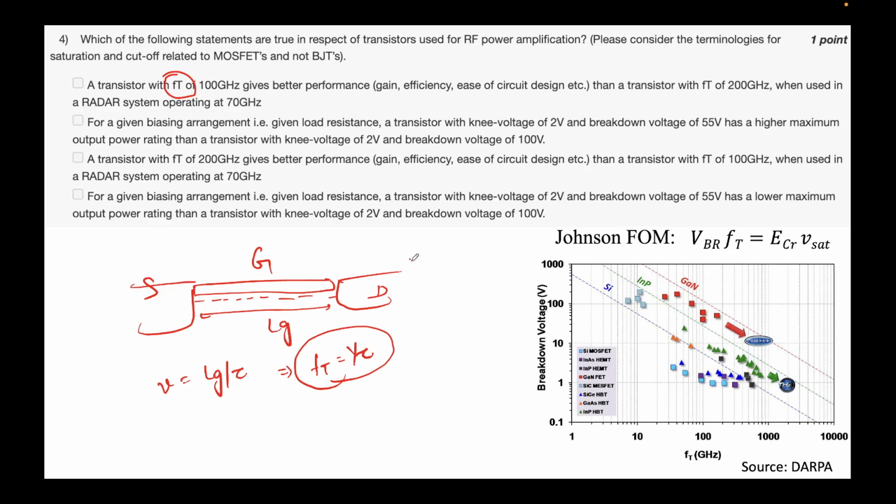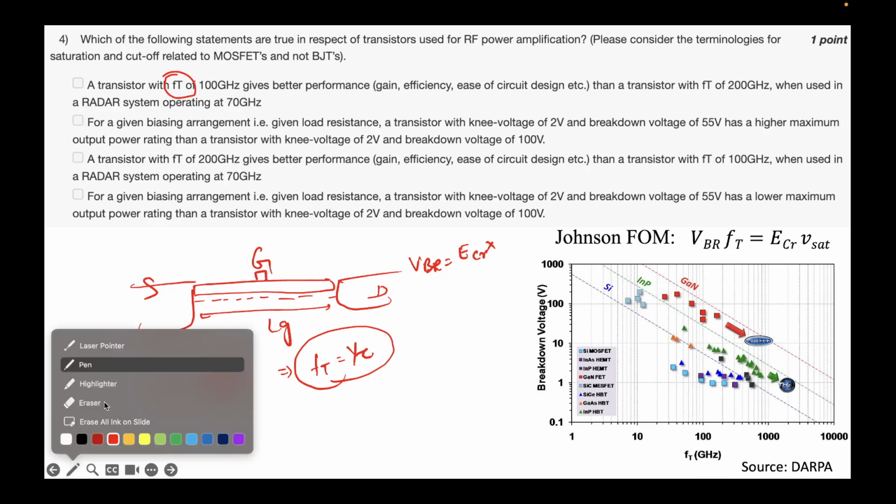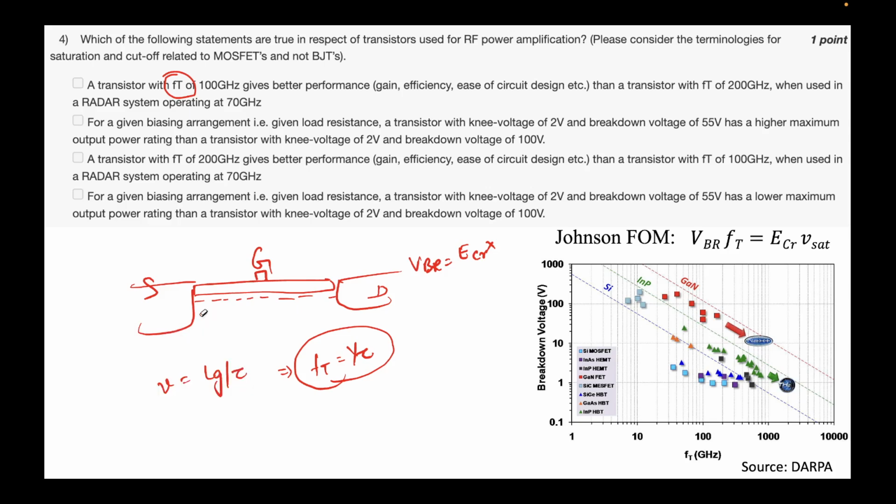And similarly, V breakdown, as I was saying, is E critical times your distance. So the distance of breakdown is essentially, sorry, the gate is over here, right. So essentially what's going to happen is the electrons will come and grow from under this. So the electrons at max will have to traverse this LG.